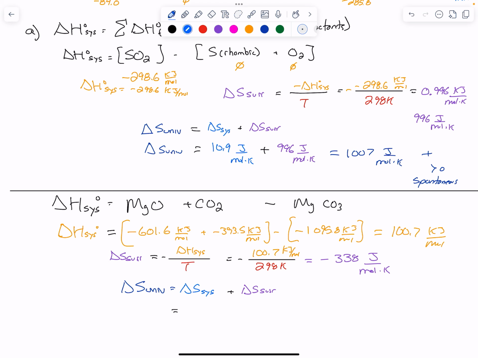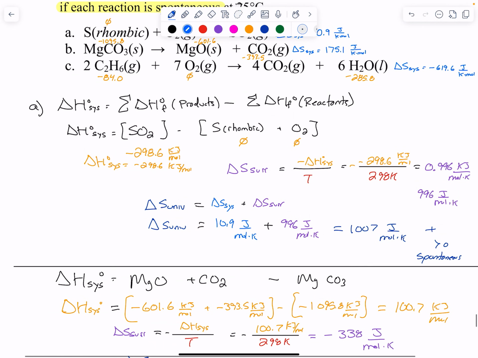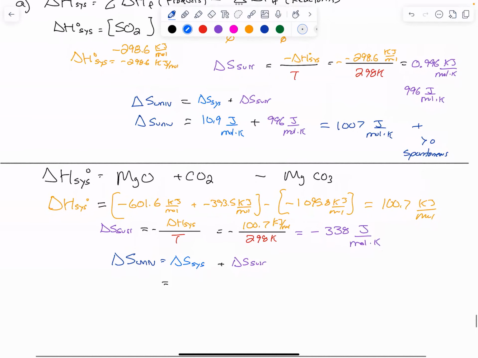Our system from part A, if we scroll up, is 175.1 joules per mole Kelvin, and the surroundings are negative 338 joules per mole Kelvin.